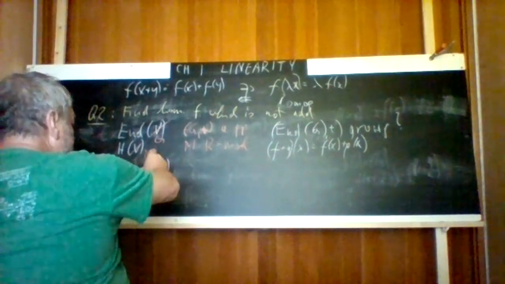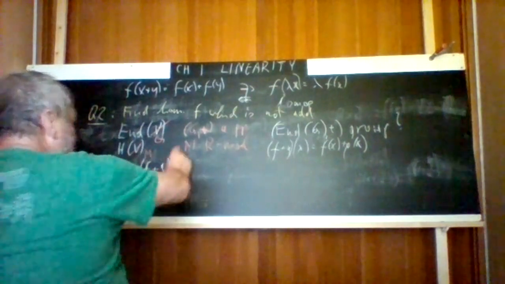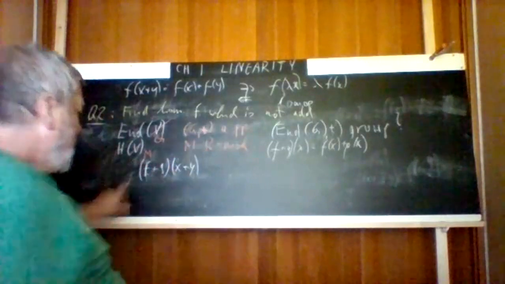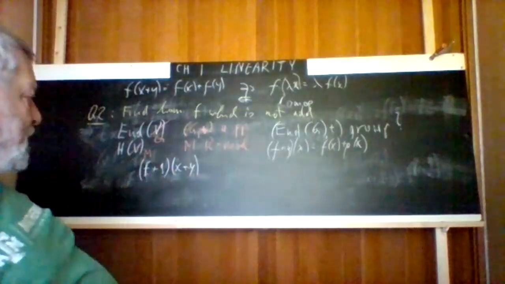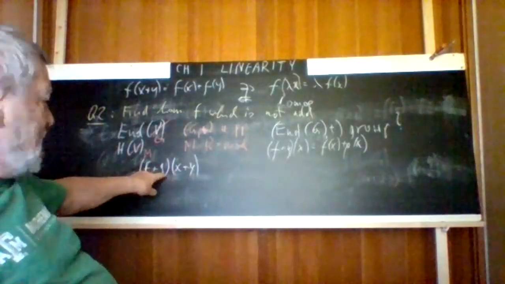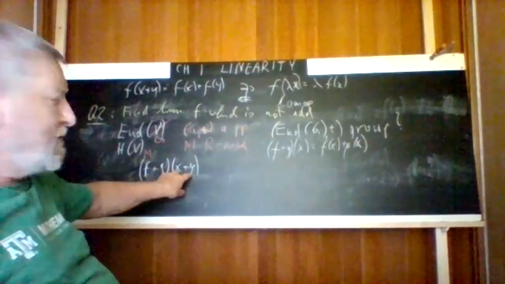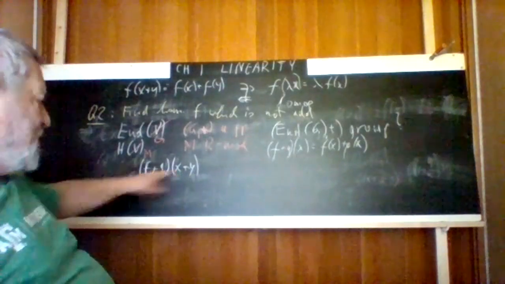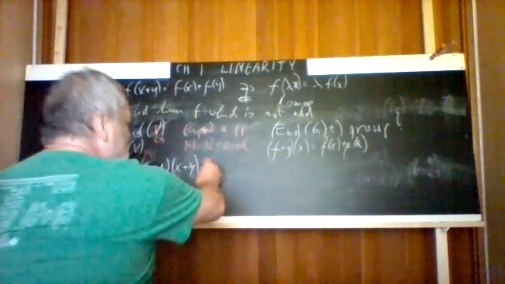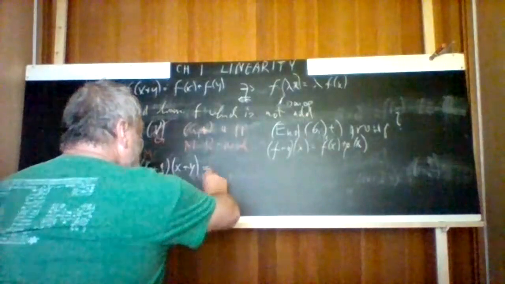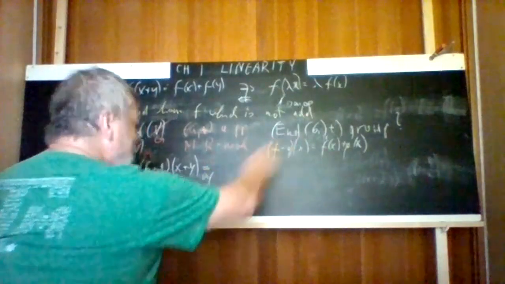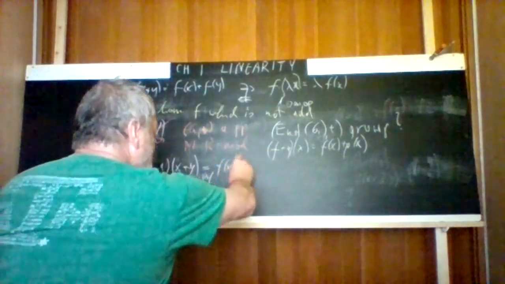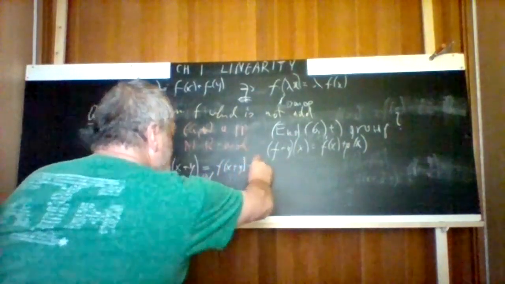And apply this to x plus y. f plus g of some argument x plus y is just the sum f of this plus g of this. So by definition of the addition which we have here, this is f of x plus y plus g of x plus y.